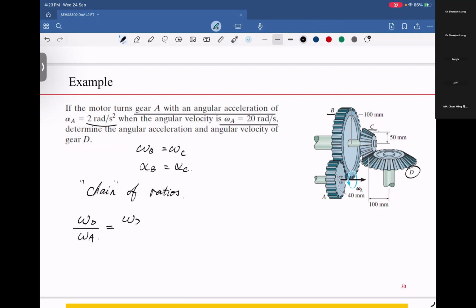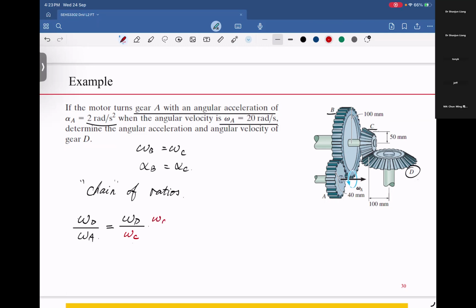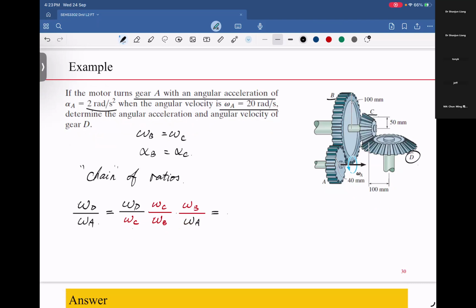So omega D, put it here, over, and then start the chain, right? Omega D over omega C, because we have omega C to be divided, right? So we need to times omega C, right? And then C to B, right? Omega C, and we just divide it by omega B, and then times omega B, right? And then omega B divided by omega A at last, right? Omega A. So we just write down the ratios and do it one by one.